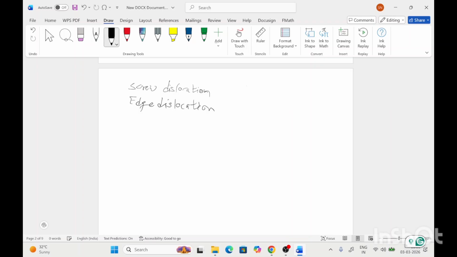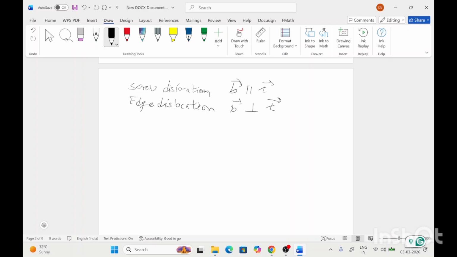We have Burgers vector and line vector for both. For the screw dislocation, the Burgers vector is parallel to the line vector of the dislocation, and for edge dislocation, the Burgers vector is perpendicular to the line direction of the dislocation.